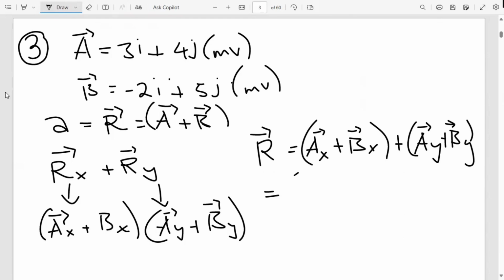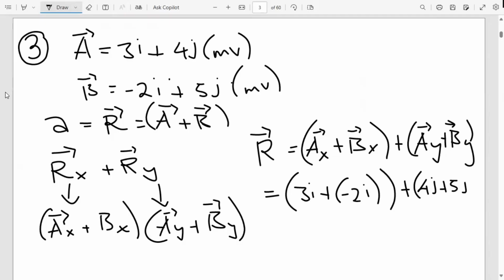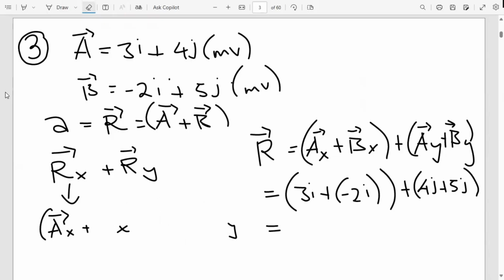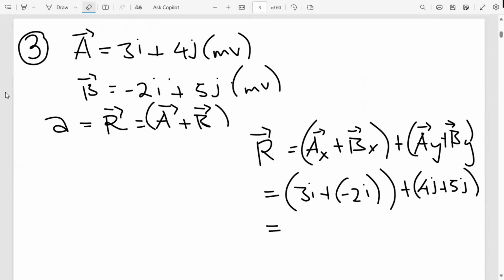This is going to be equal to Ax is 3i, plus negative 2i, plus Ay is 4j plus 5j. Let me create some space there. Okay, so we have 3 plus negative 2, which gives us positive 1.